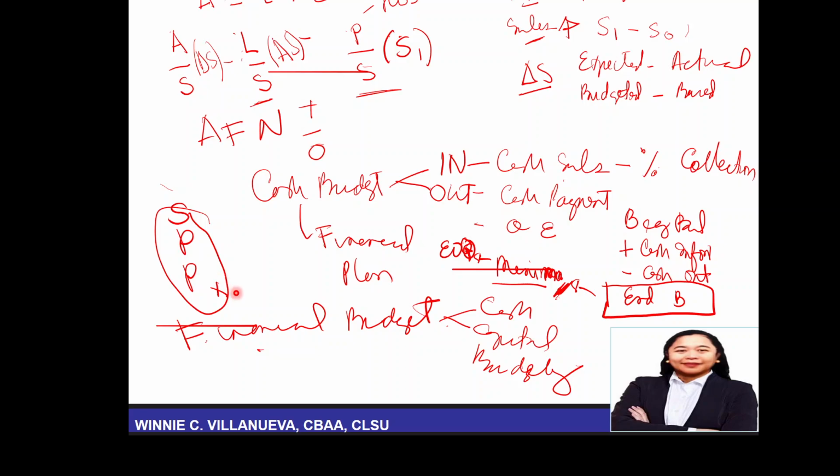But what we're going to discuss would be the financial budget, focusing on cash, of which we have to look at cash sales, cash payment, collection schedule, and payment schedule. Then there is a need for us to compute for the ending balance of cash using the model in working capital management. And for long-term projection of financing needs, it is based on AFN model.